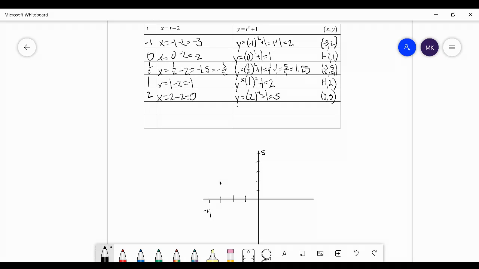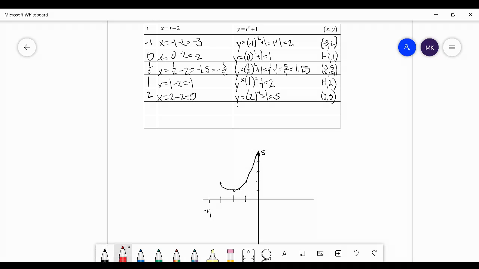Our next point is negative 2, 1. And then we have the point that's negative 1.5, 1.25, negative 1, 2, and 0, 5. So we start here, and it goes like this.